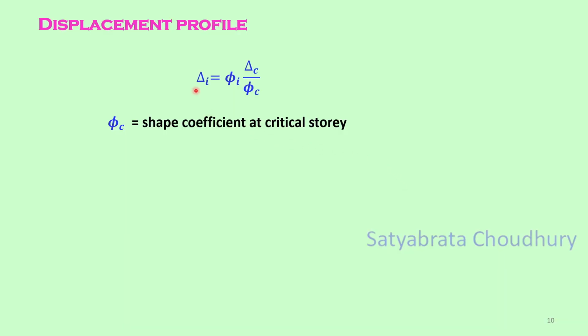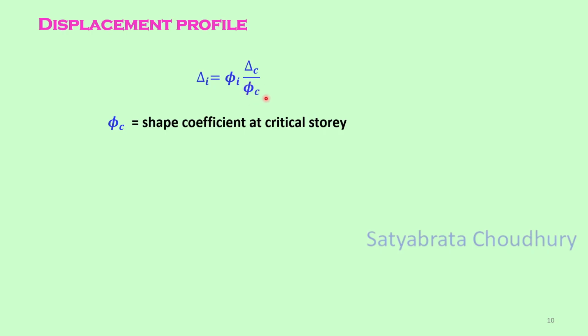Now the displacement profile of the entire building is to be obtained. So this is obtained from the shape profile from the previous slide and the delta C value we have got in the previous slides. So delta I, the displacement of the ith floor, is given through this formula: the shape coefficient of the ith floor and critical story displacement divided by critical story shape coefficient.